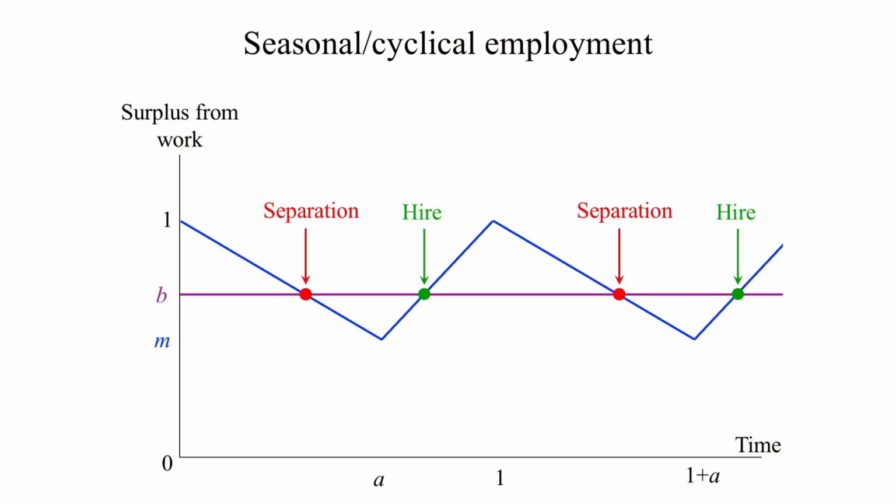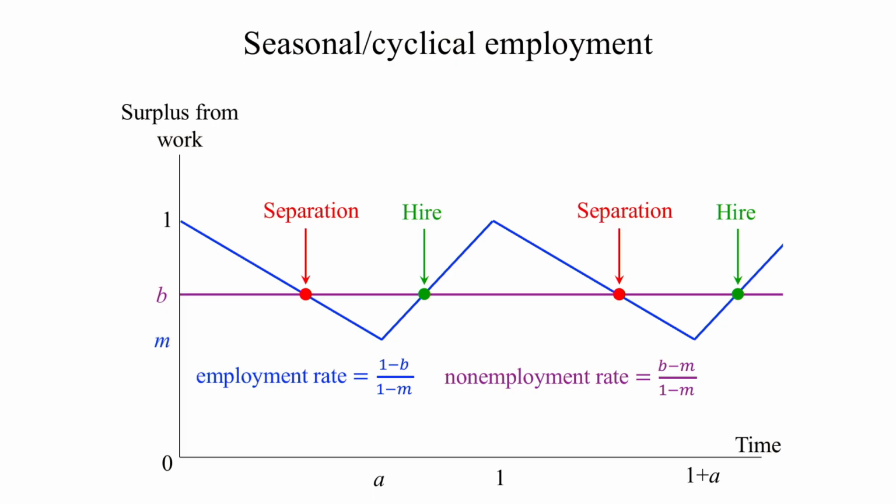And in this little model, we can easily calculate the equilibrium employment rate, meaning the fraction of time at work, and the non-employment rate, the fraction of time out of work. And so that's what I've done here. And these rates depend on, of course, the details of the blue line, and they also depend on the benefit.